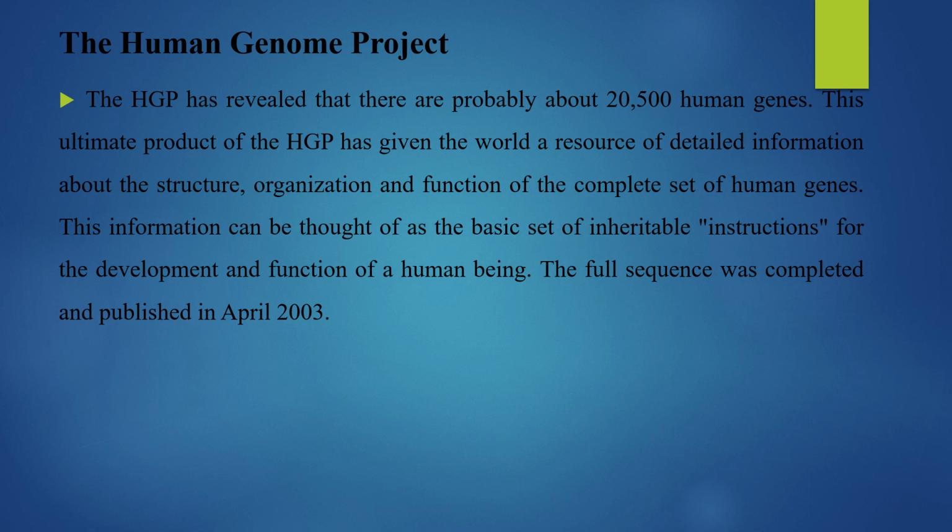This ultimate product of the Human Genome Project has given the world a resource of detailed information about the structure, organization, and functions of the complete set of human genes. This information can be thought of as the basic set of inheritable instructions for the development of a human being. The full sequence was completed and published in April 2003. So after the Human Genome Project, we know there are 20,500 human genes, and it gives us the total set of genes that can be inherited from one person to the other.